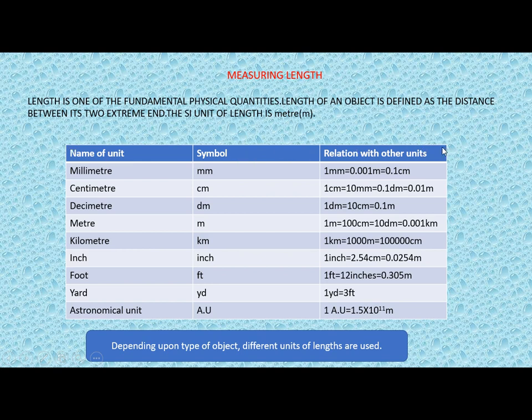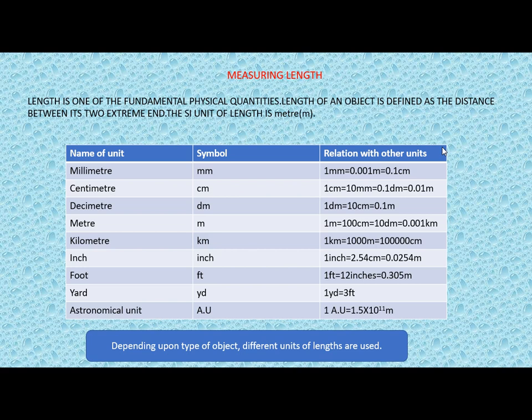Now depending upon the type of object, different units of length are used. For example, if anybody asks you the length of your pencil, you will answer in centimeter. The length of your book, that also you will answer in centimeter.